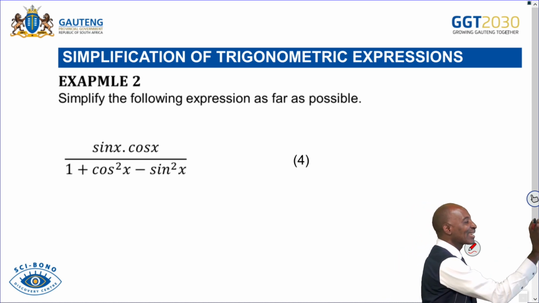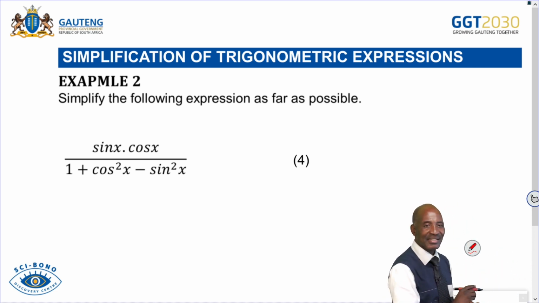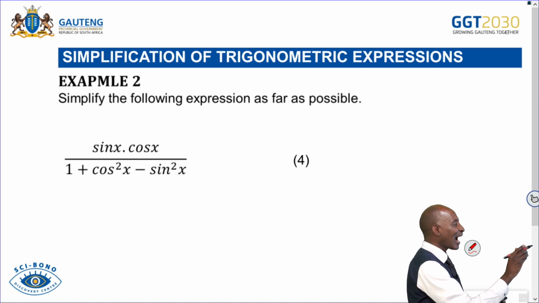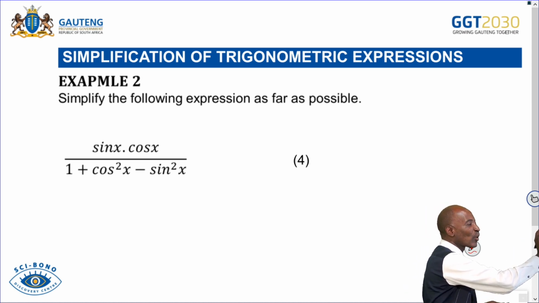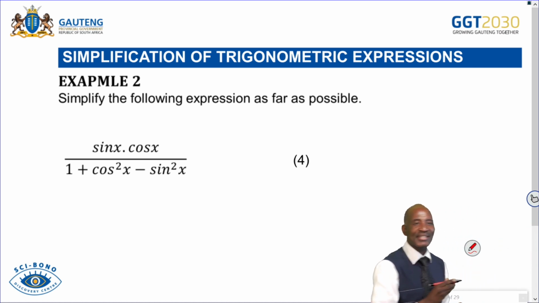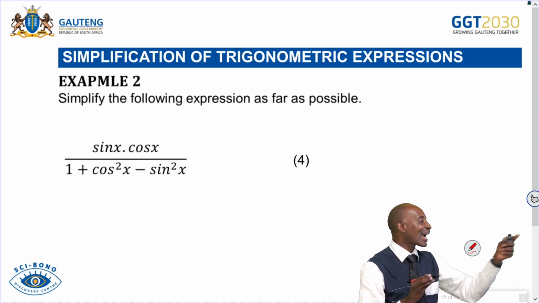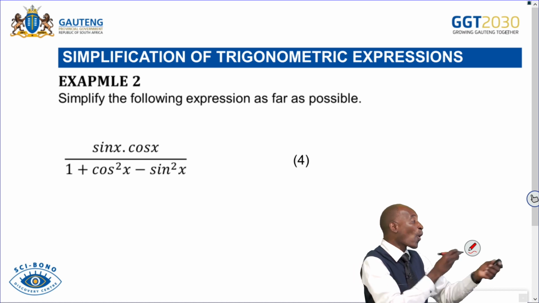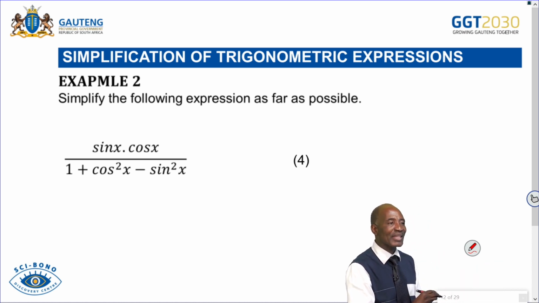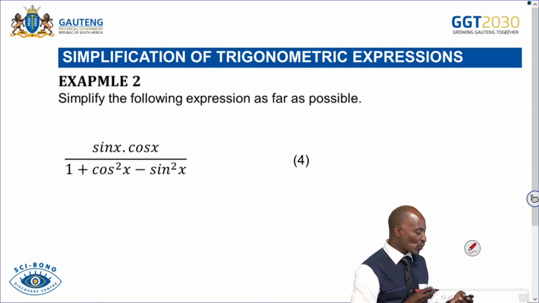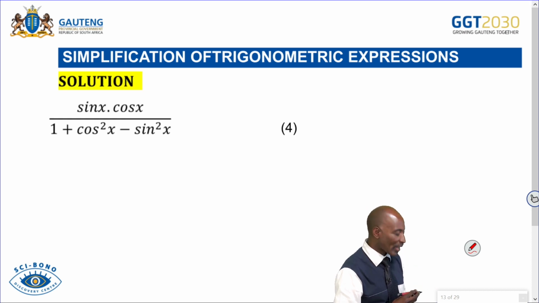If I hide this part, there is a plus. So it means I can't create a 1 from cos squared minus sine squared. That identity works if it's a plus. And that sign is a negative. So it won't yield a 1 directly from there. So the question is, how do I approach this one? Let's have a look at that.